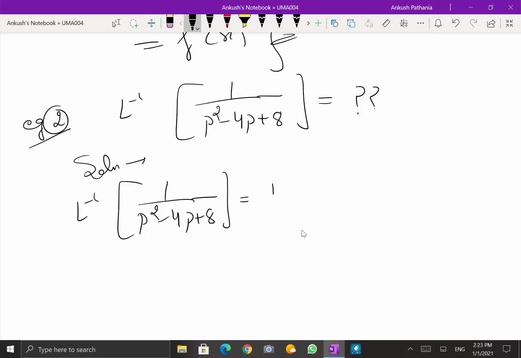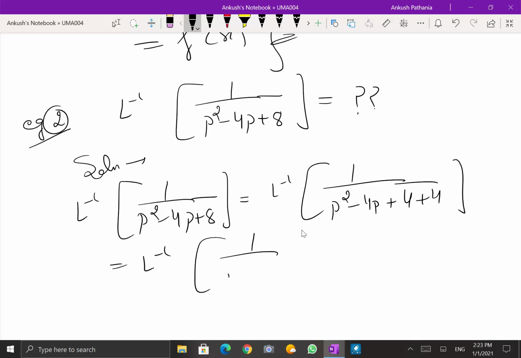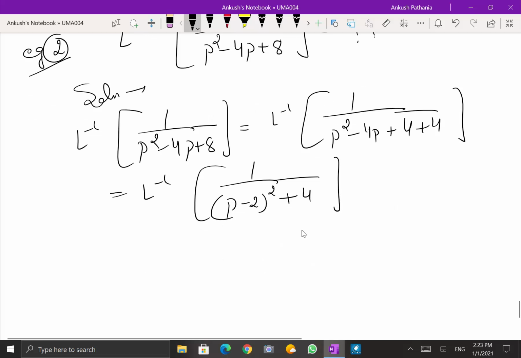Here we need to make a perfect square. So I can make the perfect square here as (p minus 2) whole square plus 4. Now I can write this more precisely so that this correlates with one of the forms.